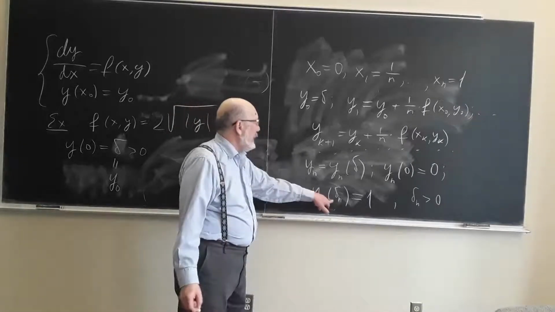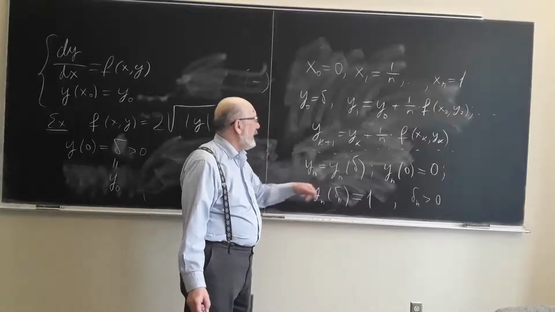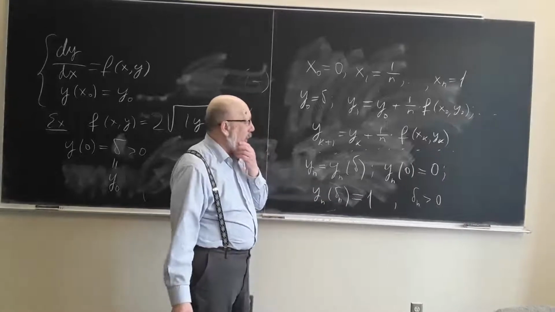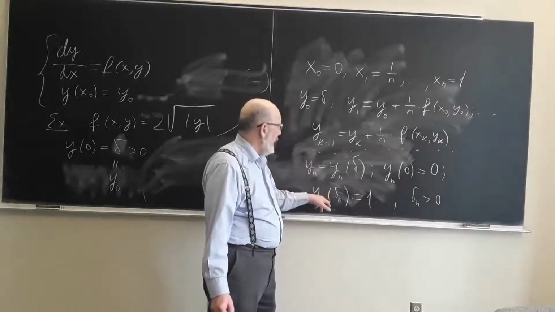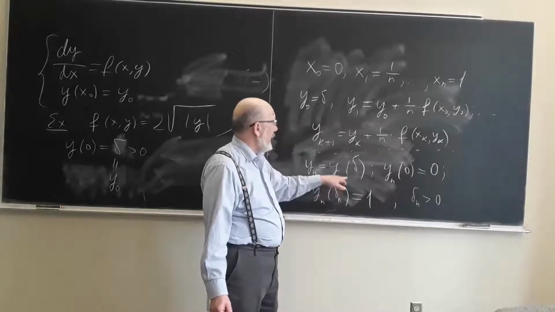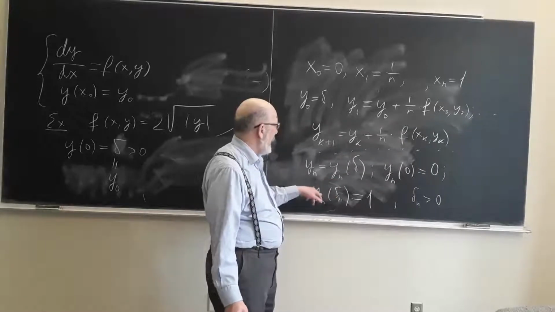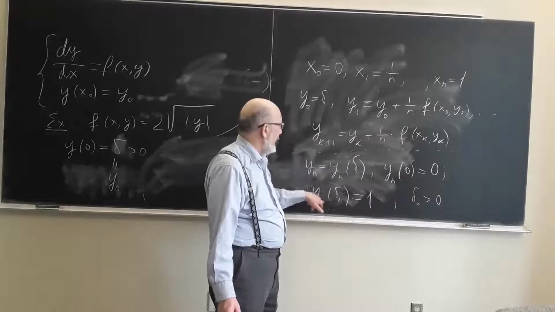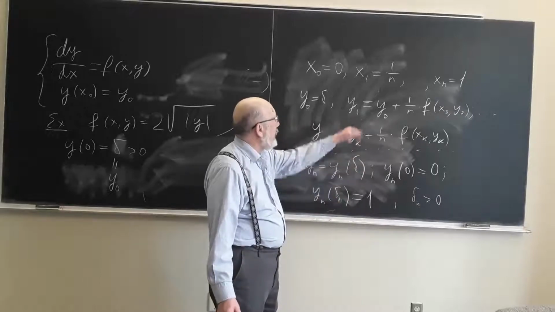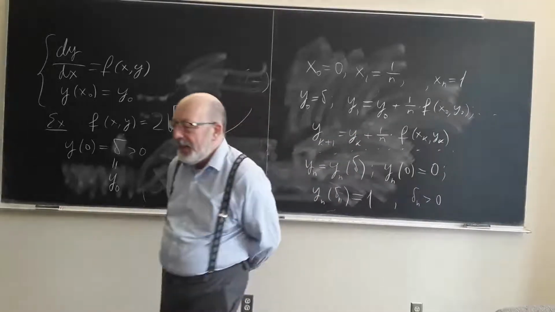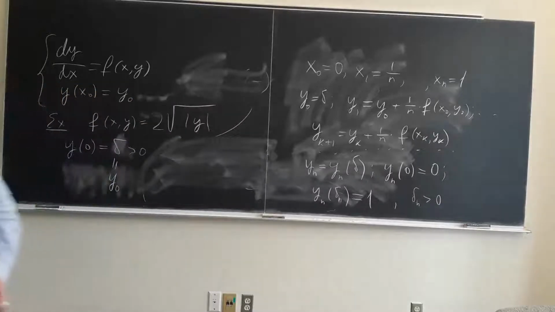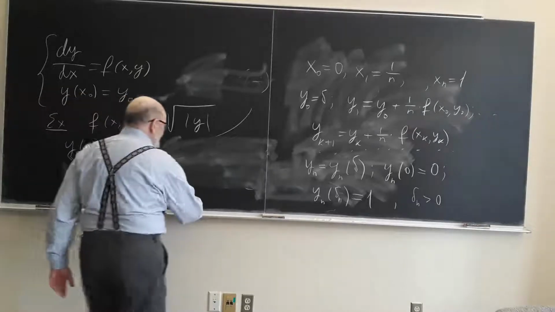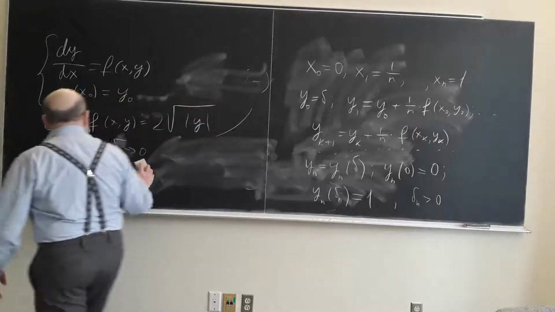This function as a function of delta is continuous, so we can find delta such that yn at delta is an arbitrary number between 0 and 1, in this case.